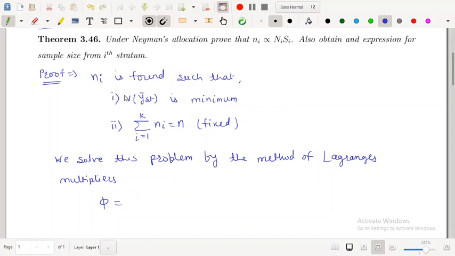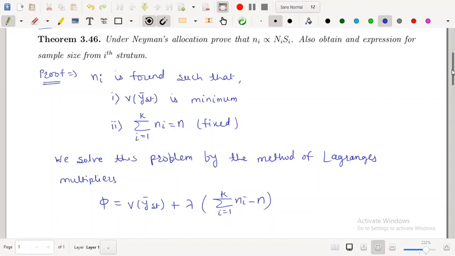Whatever we have to minimize, the variance of Y bar st, plus lambda, which is the Lagrange multiplier constant, times the condition summation ni equal to n is fixed, written as summation i running from 1 to k of ni minus n.